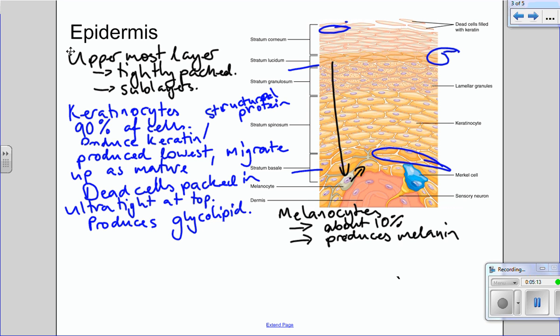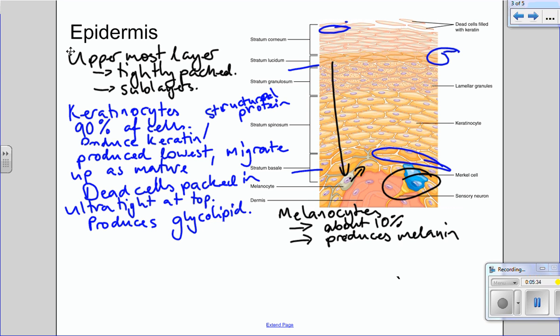You also have the Merkel cells, which is this one here. That's your Merkel cell, a nerve receptor. They're concentrated in the fingertips especially, and anywhere you can feel touch. And this, as you see, is a sensory neuron on the way down.